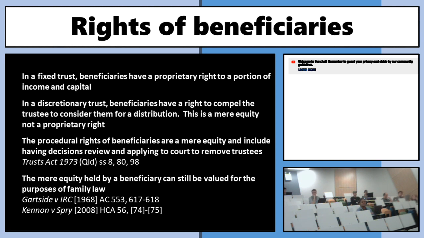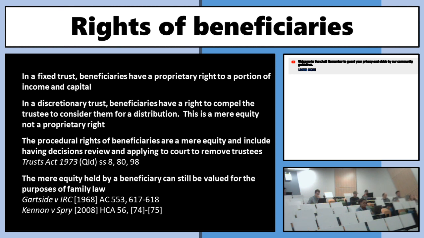And as a result, we will hold that a mere equity, which at some stage will crystallize into a proprietary right. At some stage, you will actually get the right to do this. For example, perpetuities. Perpetuity period. Things might be set out such that they have to vest within a certain period of time. We will give that a value.